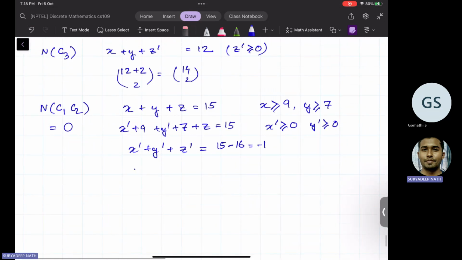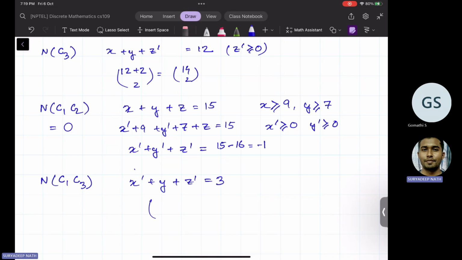Similarly, if we do N(C1, C3), where I'm considering x to be greater than or equal to 9 and z to be greater than or equal to 3. So 9 plus 3 is 12. So it would be x bar plus y plus z bar equal to 15 minus 12, which is 3.